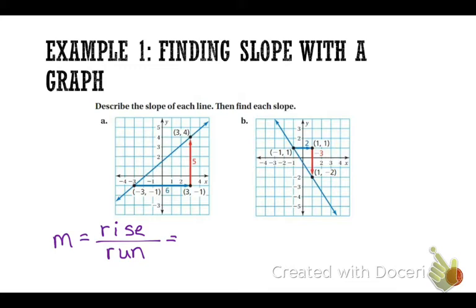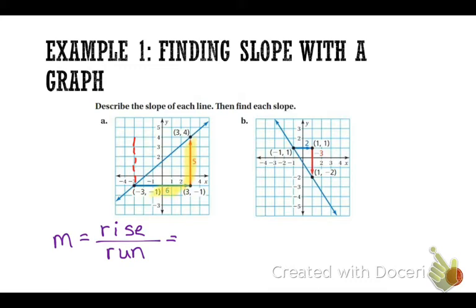So point A highlights a rise of 5 units. From my first point on the far left to my second point, I'm going to rise 1, 2, 3, 4, 5 units to make it even with that second point. So that's what it's saying. And then I'm going to run 6 units.